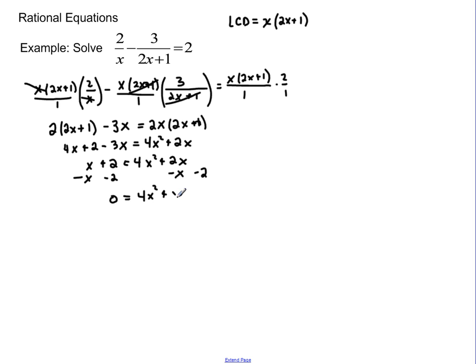So we need to find our factorization of 4x squared plus x minus 2 in order to solve this one. Well, is that possible? Let's see.